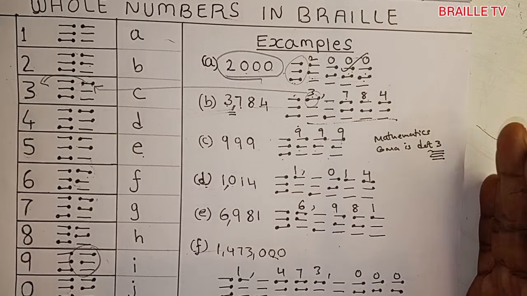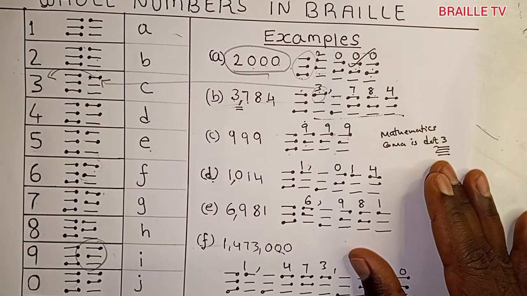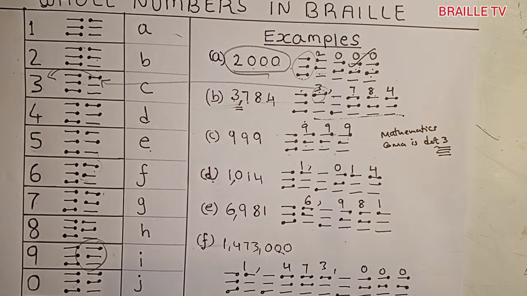So leo tumejifunza number from 1 up to 0 ama 0 up to 9, and tumejua tunatumia letters of alphabet A, B, C, D, E, F, G, H, I, and J. Period. Na tunatumia numeral sign ama number sign. Okay?